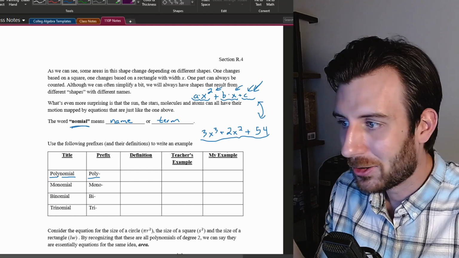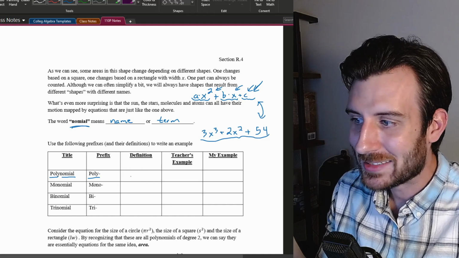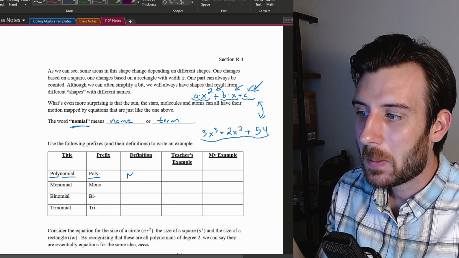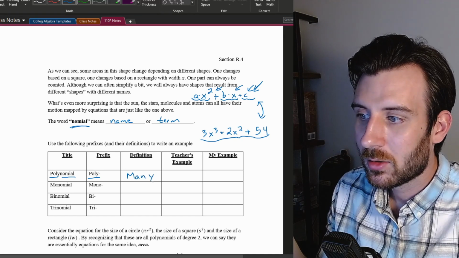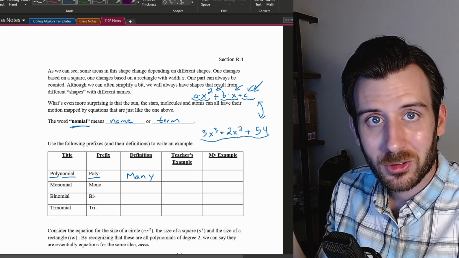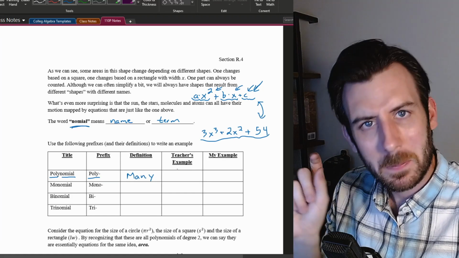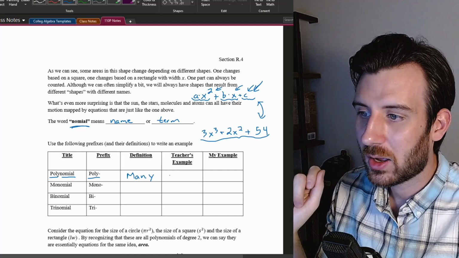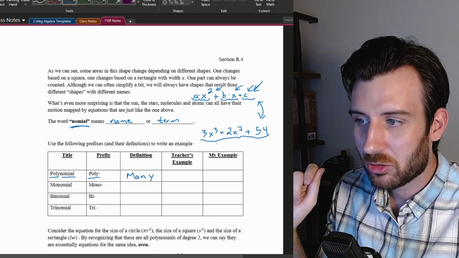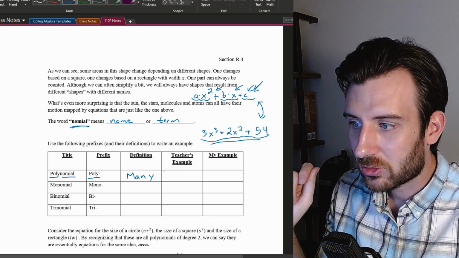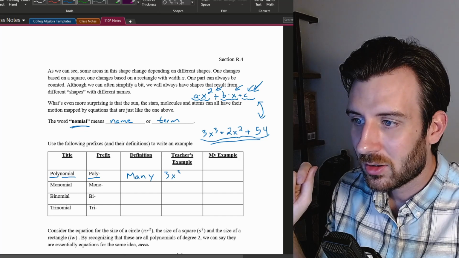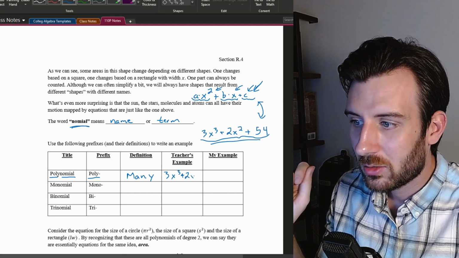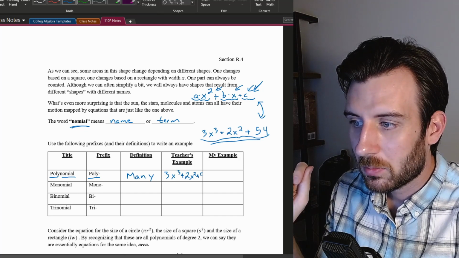So this is just kind of turned into a little bit of an English root class, but we can say the definition of poly is many. So I can write a polynomial anytime I use many of these names to describe an expression. So for example, I'll just use exactly what I had up here. 3x cubed plus 2x squared plus 54.